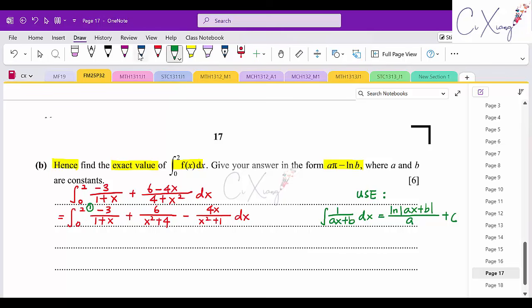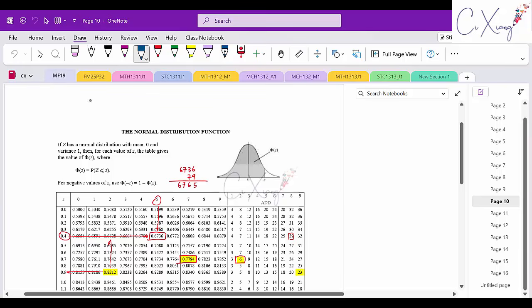Alright, then the second part is this one. You can see that it is 1 over x squared plus a squared. How do we integrate 1 over x squared plus a squared? Do you still remember it? Just in case you forget, it is also provided here.